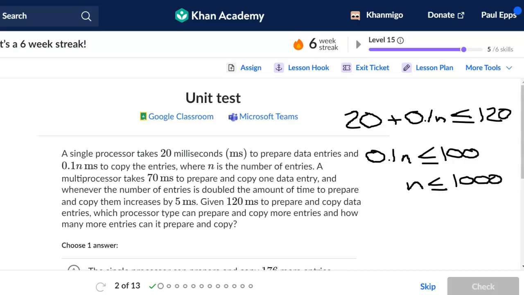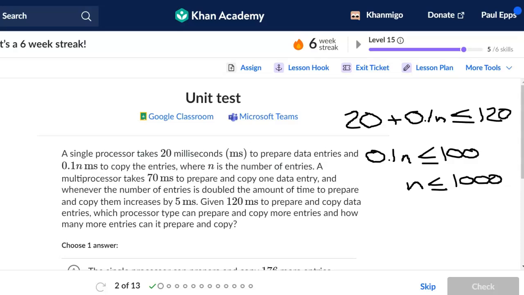Now, given the assumption that I'm going to make here on the second part, 70 milliseconds with the multiprocessor gets us one copy. All right. For every additional 5 milliseconds, we can double it.